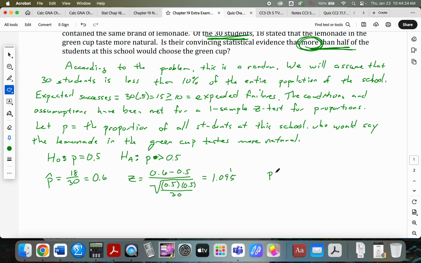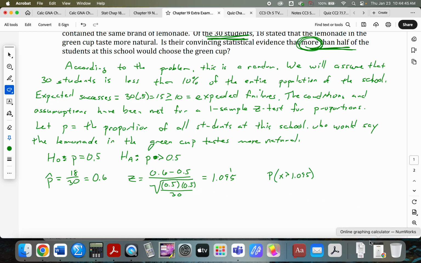So we want, what's the probability that I've got some value that's greater than 1.095, where we have a normal distribution and we're looking at z-scores.